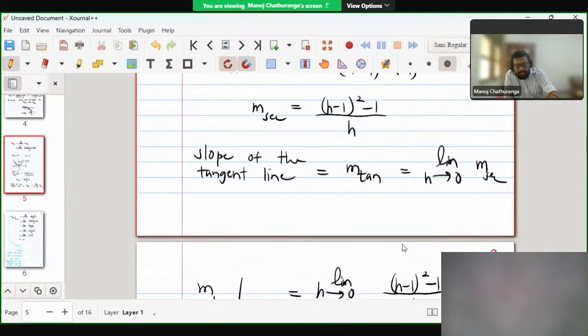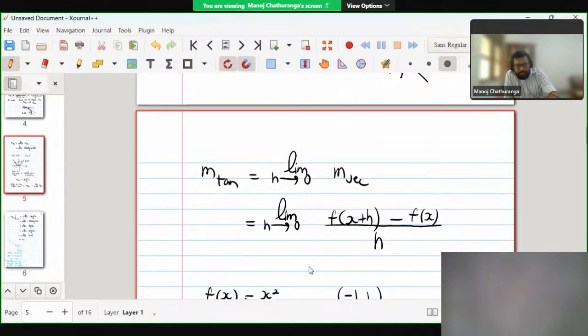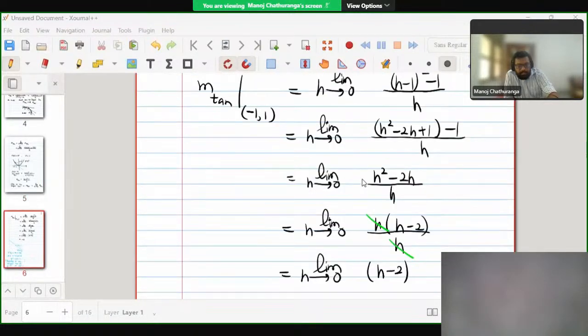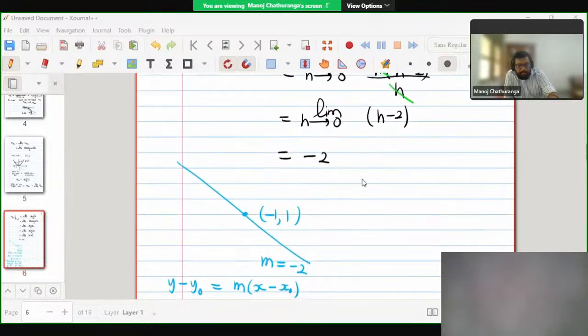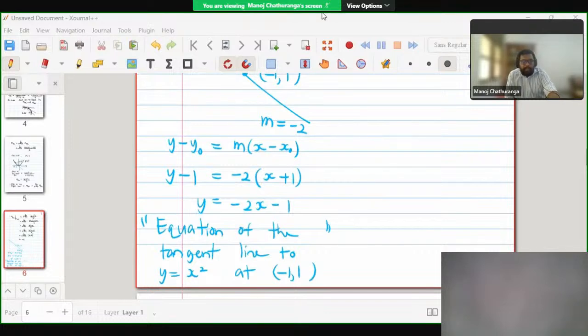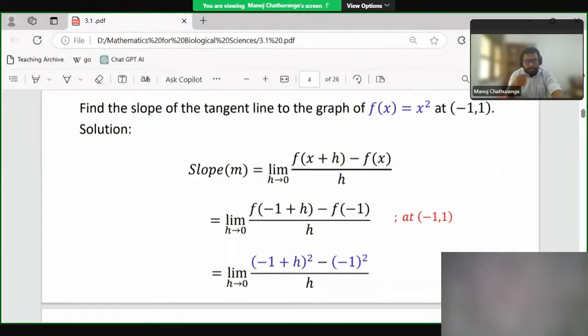So the limit of this expression becomes the slope of the tangent line. Right? So this is exactly what you have in the notes too.